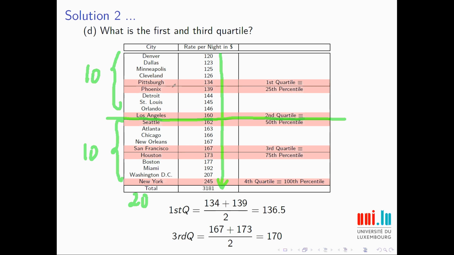So in order to find the first quartile, we have to find the median for that data set. And the third quartile is just the median for the data set with the highest values.